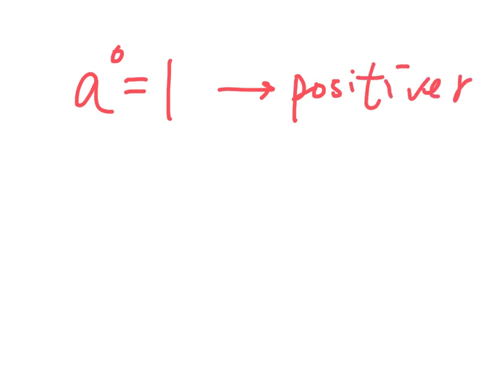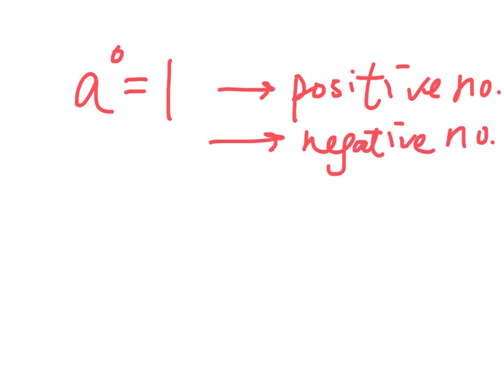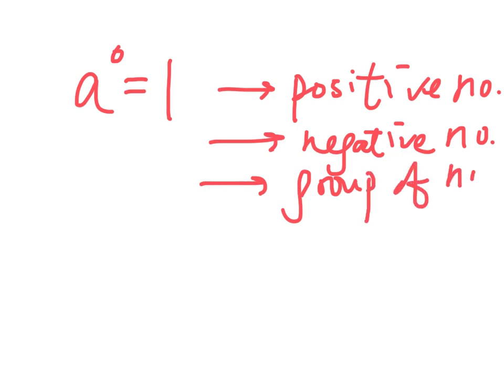Here I need to clarify the definition for the zero index law. a to the power 0 equals 1. a can be anything. a can be a positive number, a negative number, a group of numbers, or even variables.